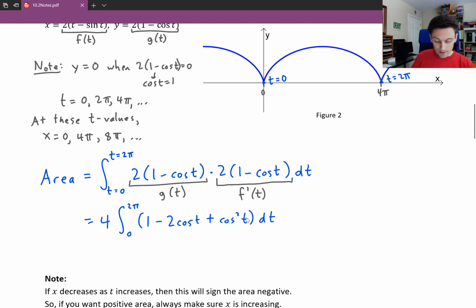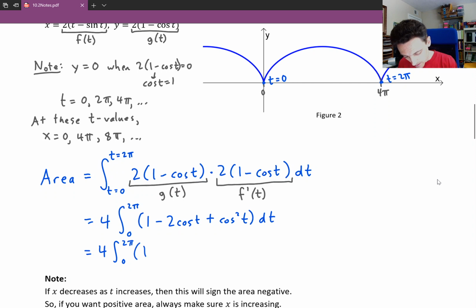And then remember, if you have a cosine squared, you can lower the power of that into 1 plus cosine 2t all over 2, or in other words, 1/2 plus cosine 2t over 2.